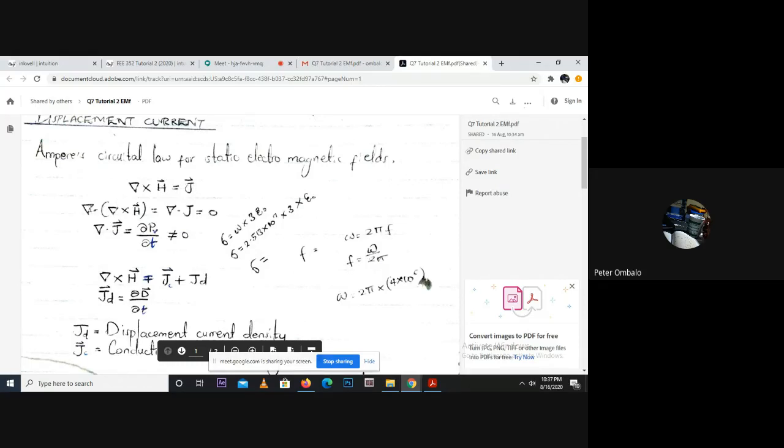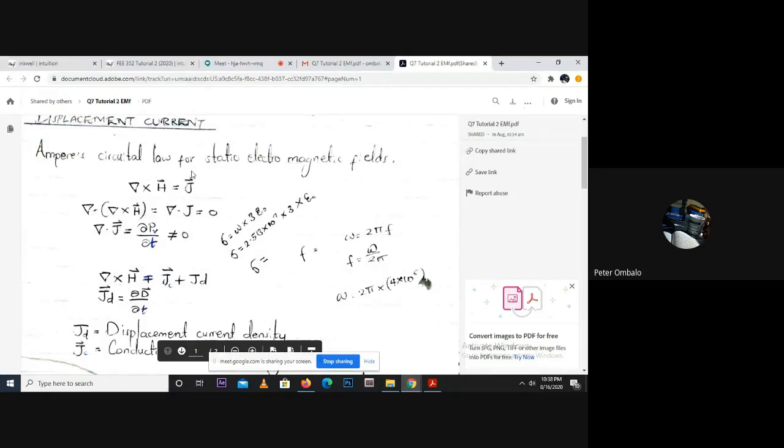So from vectors, the divergence of any curl is always 0. So in this particular case, the divergence of our curl, which is the curl of the field intensity, is equal to 0, and it's also equal to the divergence of the current density.